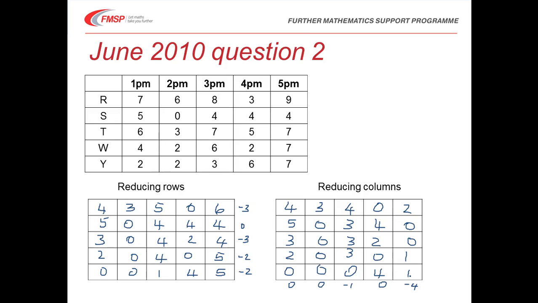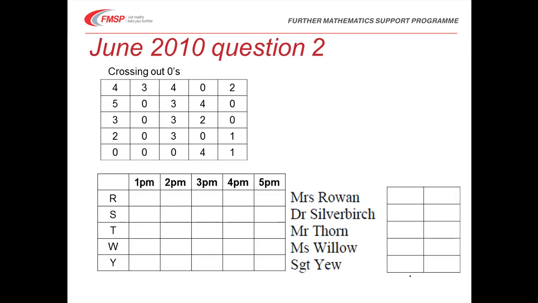The Hungarian algorithm says what we have to do now is see how many lines it takes to cross out all the zeros. So that's the next little bit that we're going to do. So the thing is to look for rows or columns that have lots of zeros in them. So if I were to take this one first, then I can cross out 4 of those zeros just with that line.